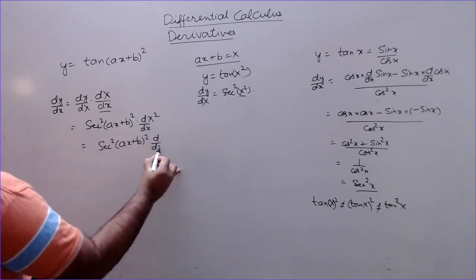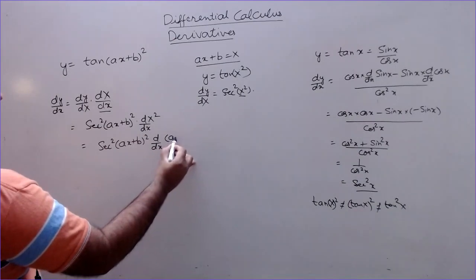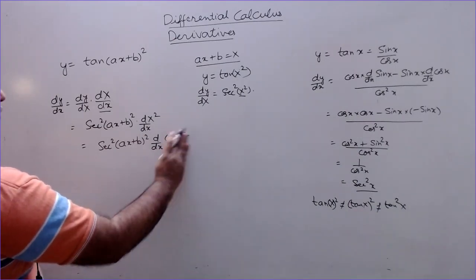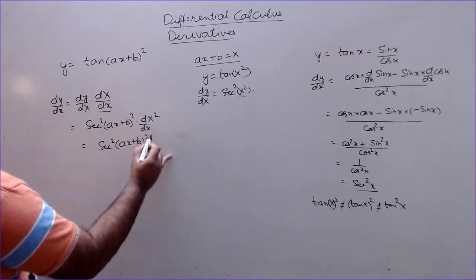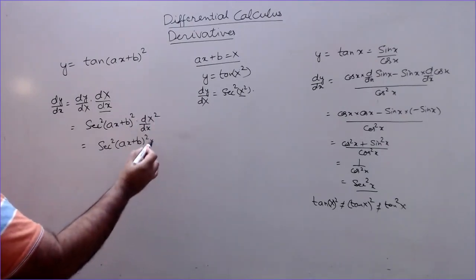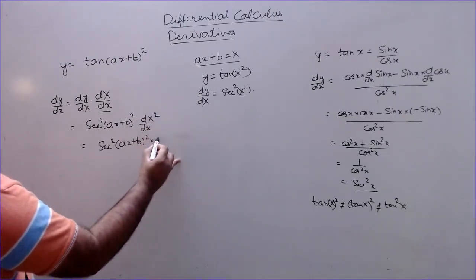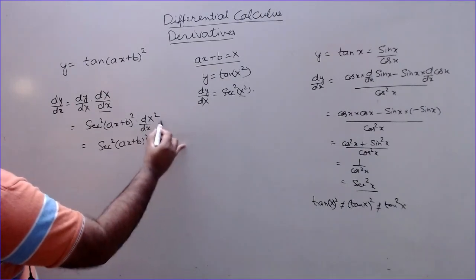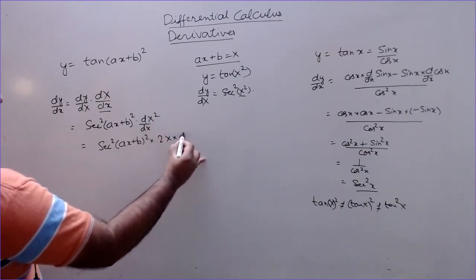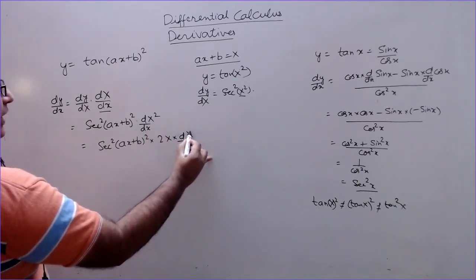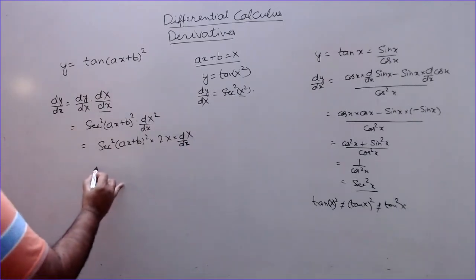d by dx of (ax plus b). Or you can simply write the derivative of this by using the same formula, n x to the power n minus 1: 2 X raised to the power 2 minus 1. Now dX by dx, with respect to small x.